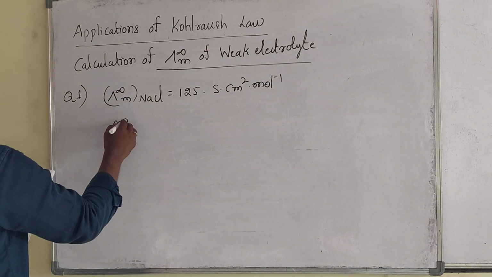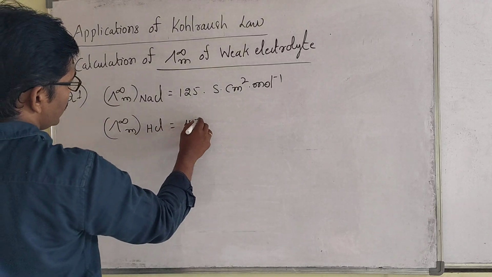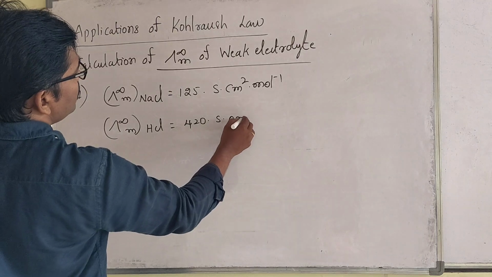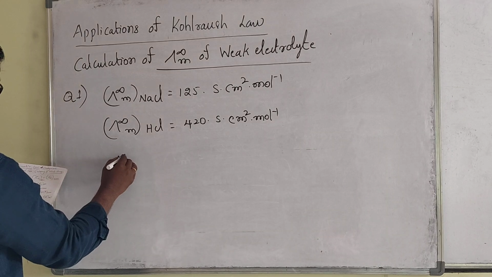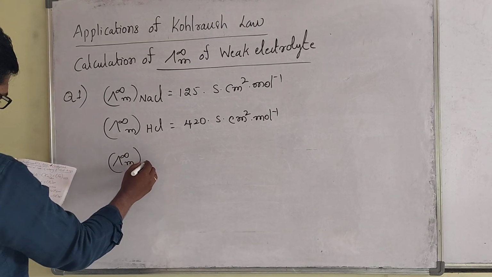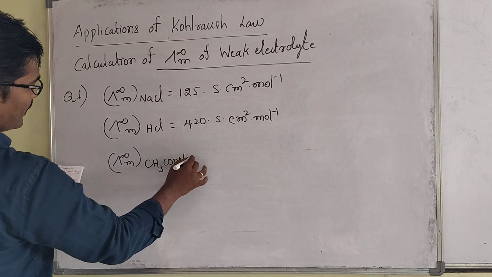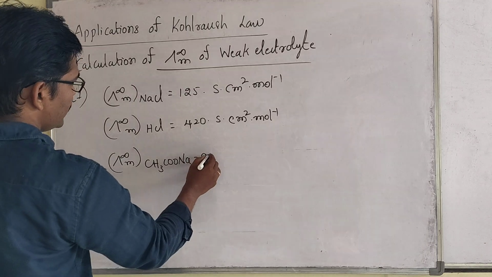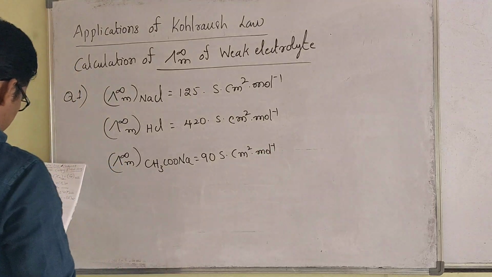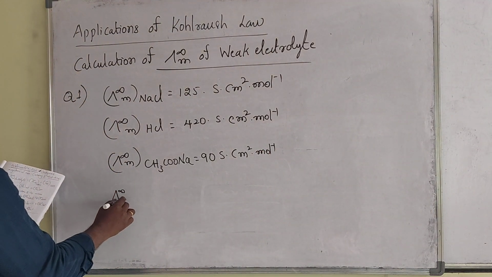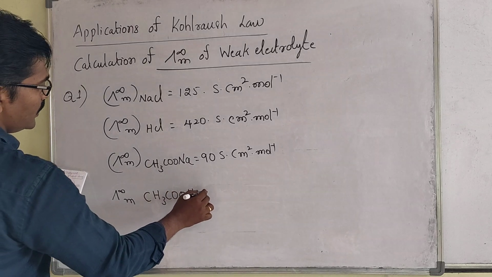Limiting molar conductivity of HCl is 420 Siemens centimeter square mole inverse. Limiting molar conductivity of CH3COONa is 90 Siemens centimeter square mole inverse. Then what is the limiting molar conductivity of CH3COOH?